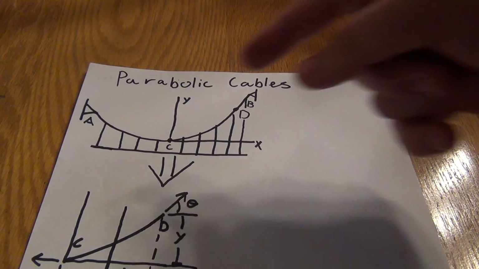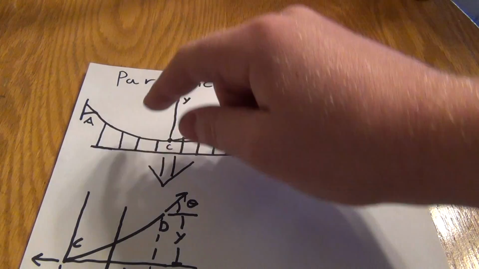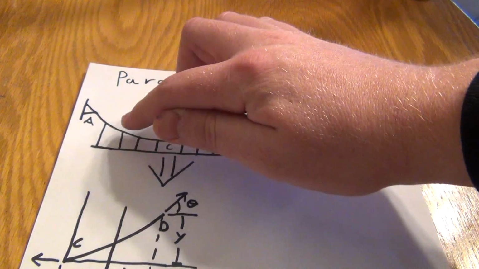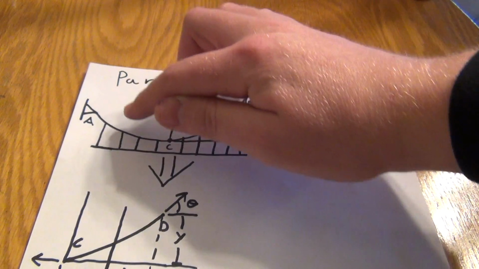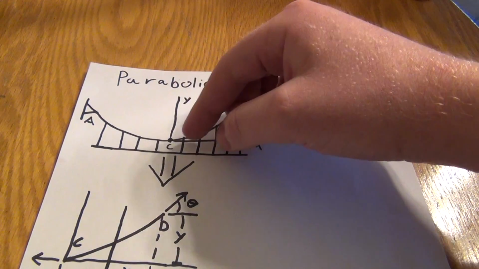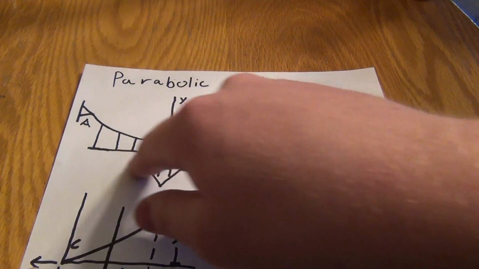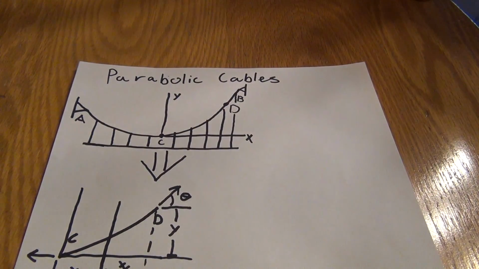So it's just a parabolic cable with cables or some type of load-bearing material supporting a horizontal load seen right here. Again, we know that the weight of the cables is small compared to the weight of this load, so we can neglect that.